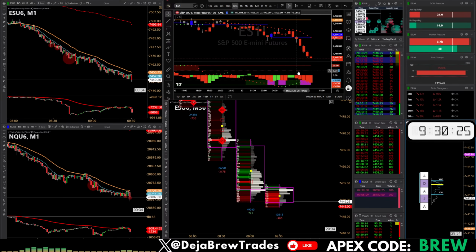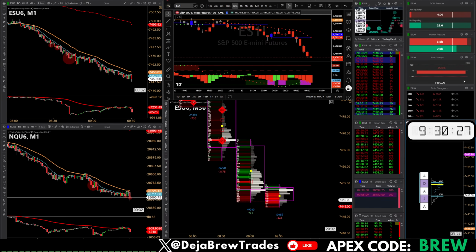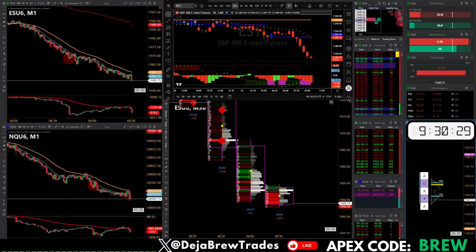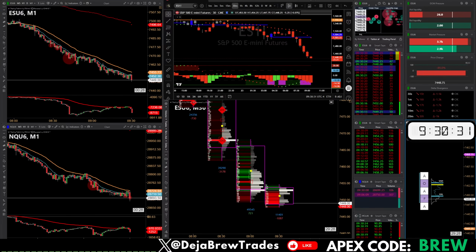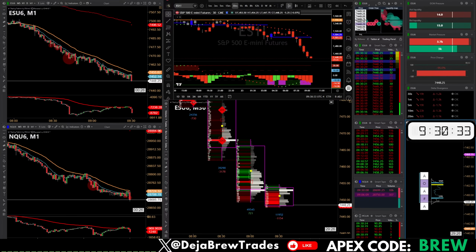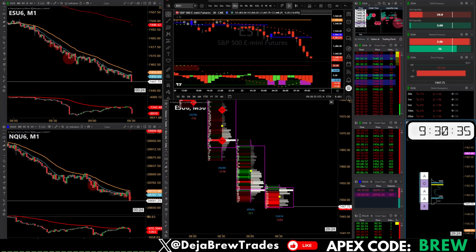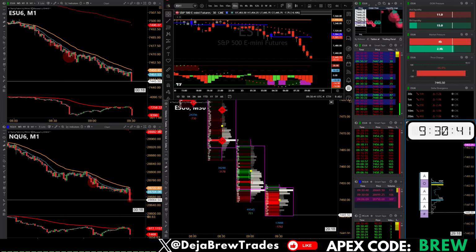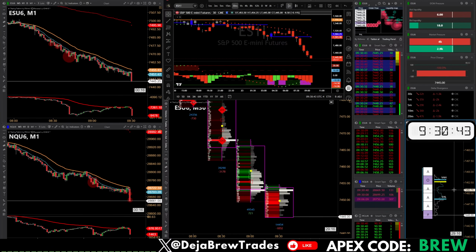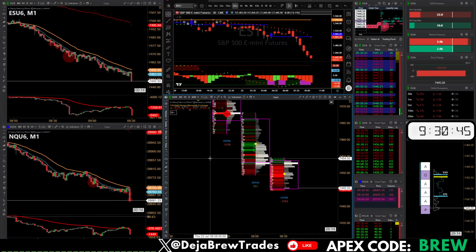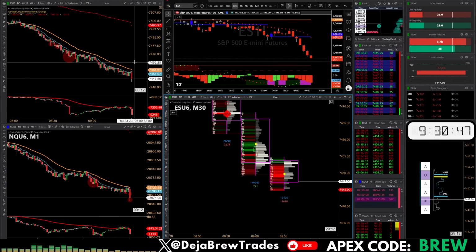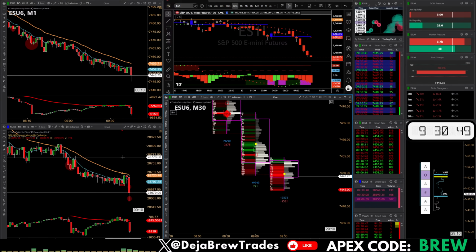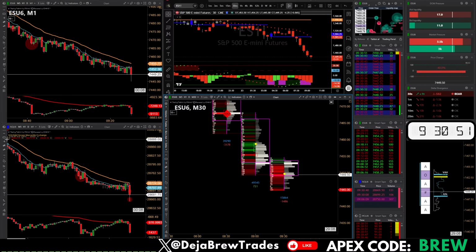Even the 30 minutes just absolutely nuking and trending here. Sell pressure at the open so far very strong. We'll see if they can stay below those EMAs.